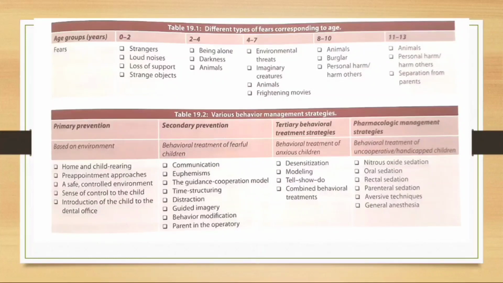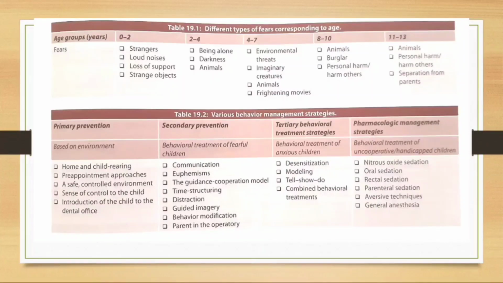Like in 0 to 2, strangers, loud noises, strange objects. 2 to 4, being alone, darkness, animals. It goes on like that with respect to various age groups. And various behavior management strategies: we can do primary, secondary, tertiary, and pharmacological management. In primary, we have safe, controlled environment, sense of control to the child, pre-appointment approaches.